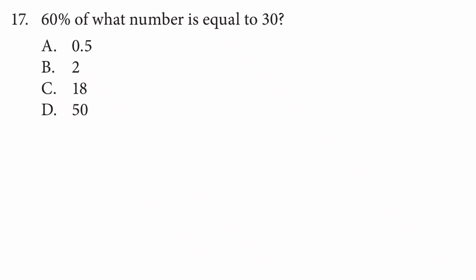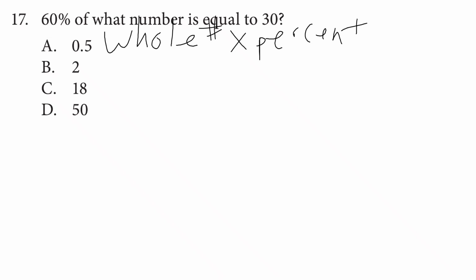In question number 17, it says 60% of what number is equal to 30? So there is actually an equation you could use to figure this out. That equation is whole number times percent, and that's as a decimal, equals part.